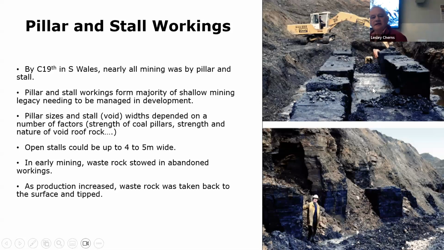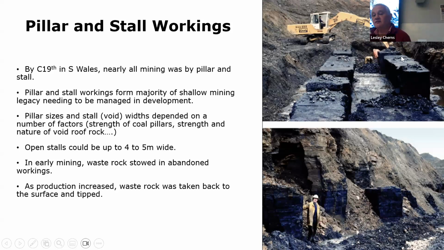Now, the width of these voids between the pillars depended very much on the strength of the coal in the pillar. Was it able to support the roof? If it was a friable coal, it wouldn't be able to support and would collapse, so you'd have narrower rooms between the pillars.